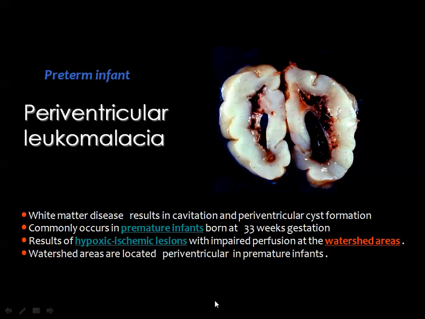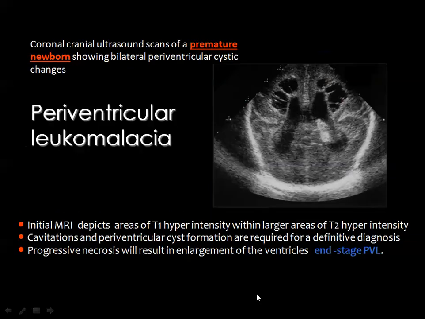This abnormality is commonly seen in the premature infants, and every premature infant should be checked for the presence of these complications, including the periventricular leukomalacia and the germinal matrix hemorrhage.